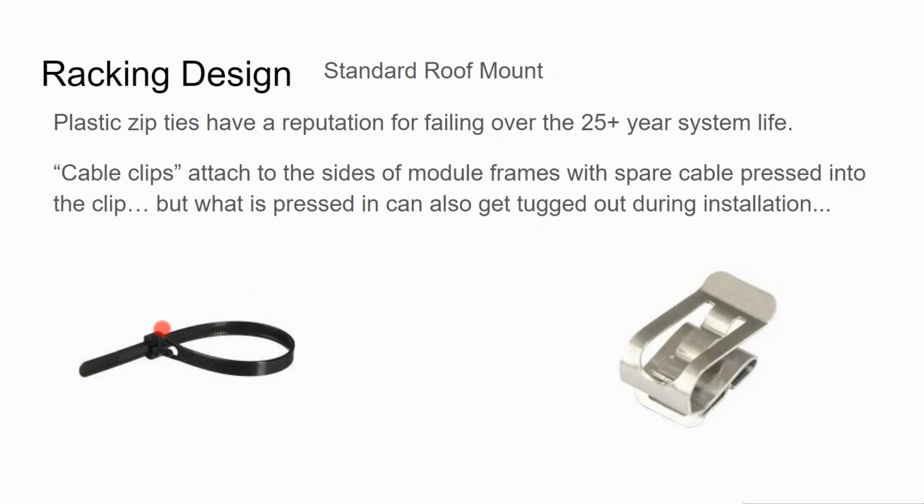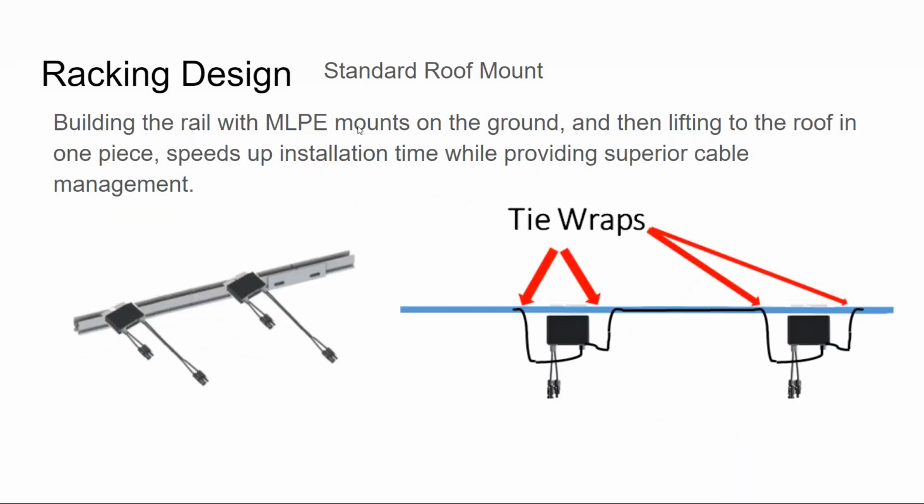Of course, the problem with zip ties is that over 25 years, they can dry out and crack too. So in my system, I'm using zip ties or tie wraps to position the cable into this U channel.